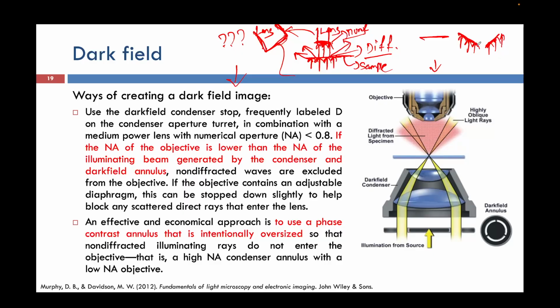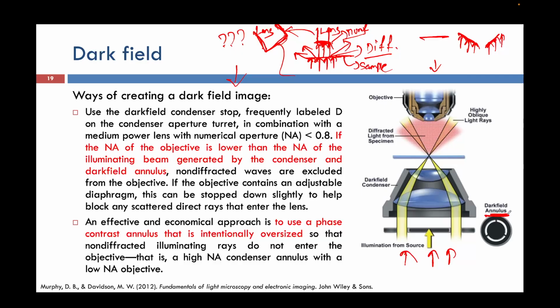So I will not change the lens position, and I will not even change the sample stage. What I will do is change the illumination system. How? See here, this is the illumination from the source. Here I have put a dark field annulus.